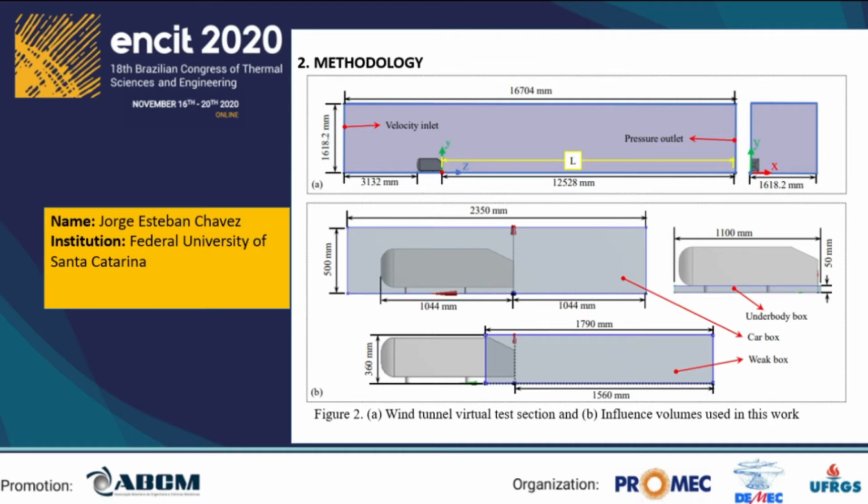To accurately capture the free field in the wake area, a third influence geometry called the wake box was placed after the inclined surface in order to capture the separation and recirculation area properly, as shown at the bottom of figure 2b. This strategy was essential because it ensured that the mesh would properly resolve the effects of velocity, pressure, and boundary layer around the surface.